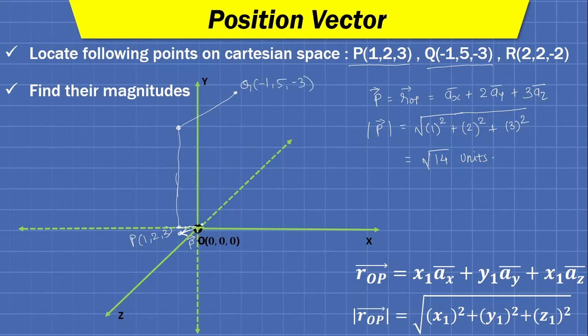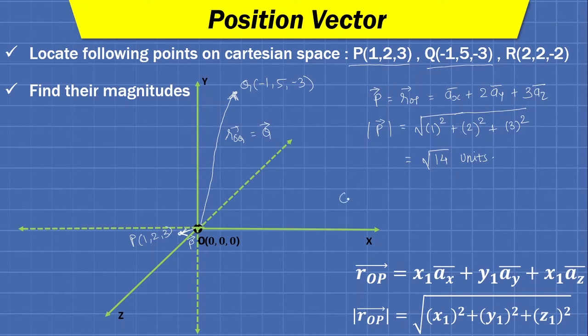Now joining a vector from the origin to point Q and removing the unnecessary lines from our figure, this is our final vector of interest, which is nothing but R_OQ bar, or we can simply say Q bar.